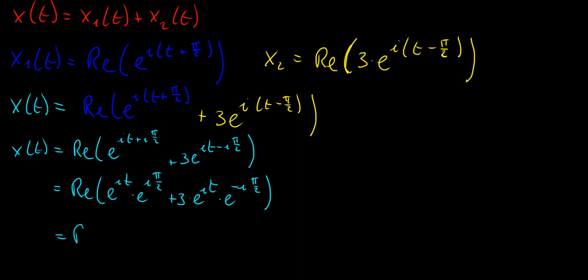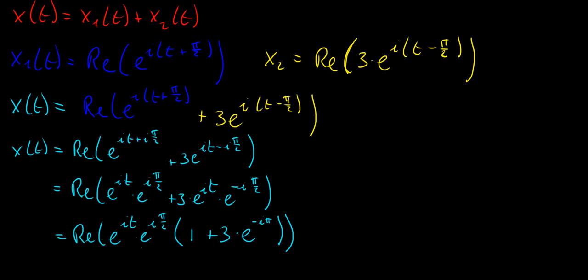Now we can take something out of the brackets, because both terms contain some stuff. First, we can take out e to the power it. And if we look closely, we can actually also take out e to the power i pi divided by 2, where we are left with 1 plus 3 times e to the power of minus i pi, like that.